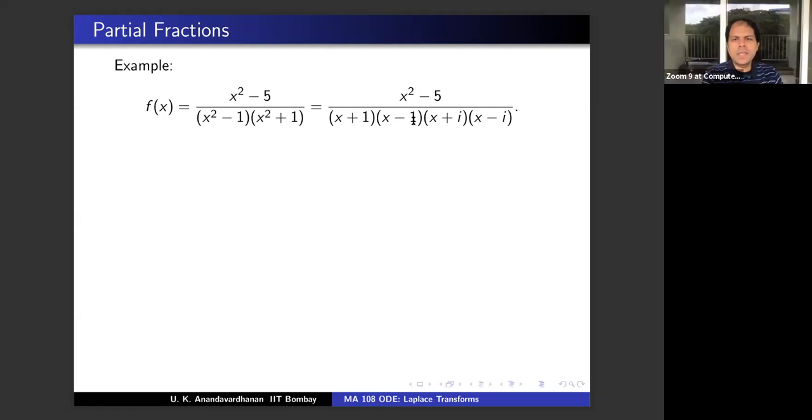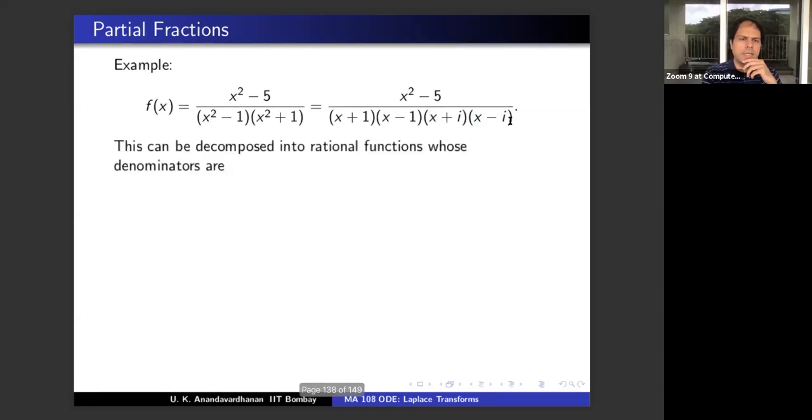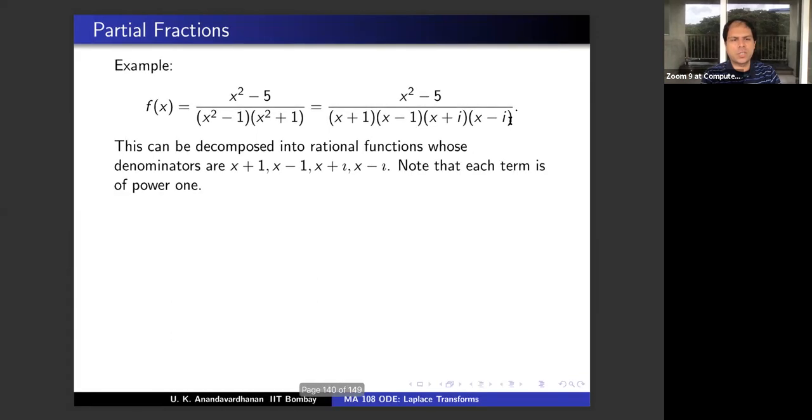Correct. In this case, I have written it using complex numbers, but I can combine it later. So this x square plus 1 I have written like this, and now this can be decomposed into rational functions whose denominators are x plus 1, x minus 1, x plus i, x minus i. And you can club x plus i and x minus i together again, because your final answers should be only in terms of real functions.